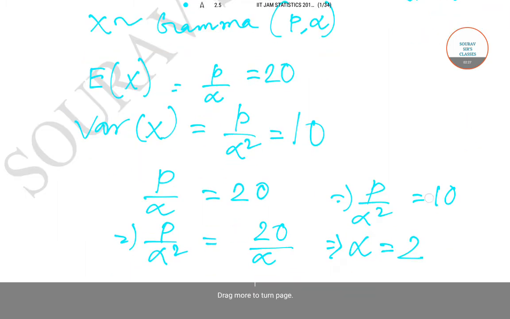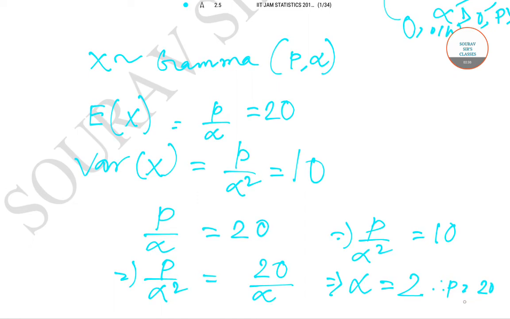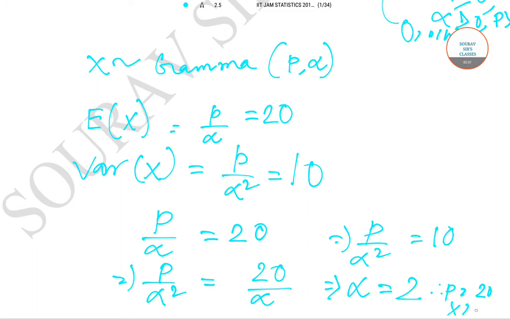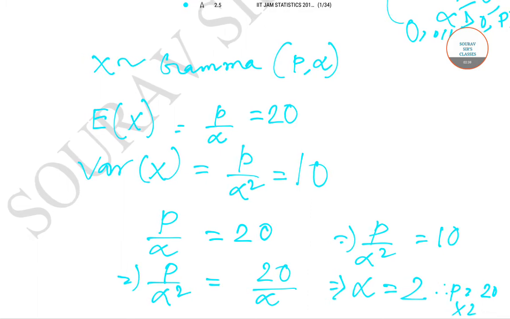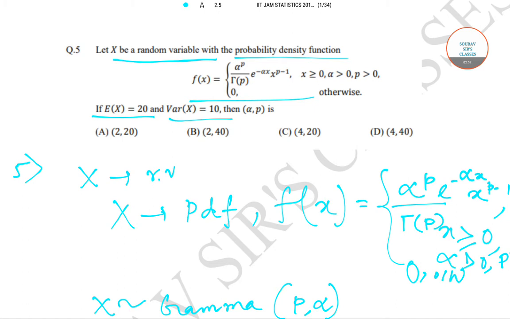So definitely p will be equal to 20 multiplied by 2, that is equal to 40. So we get that p is equal to 40 and alpha is equal to 2. What we are asked in the question is to calculate the value of alpha and p.